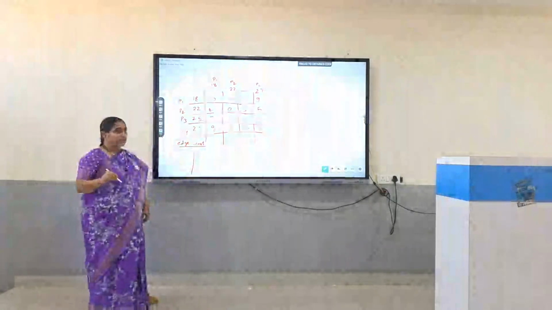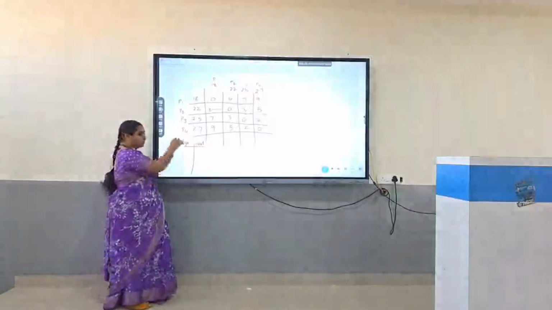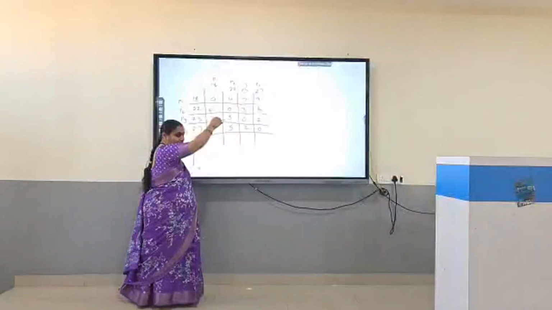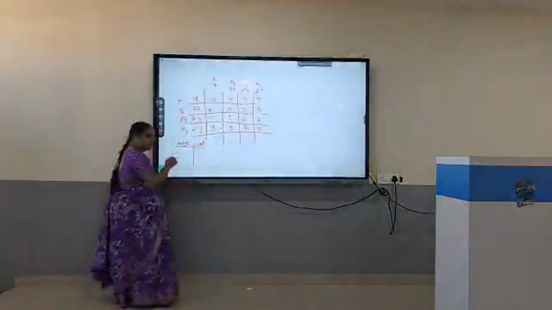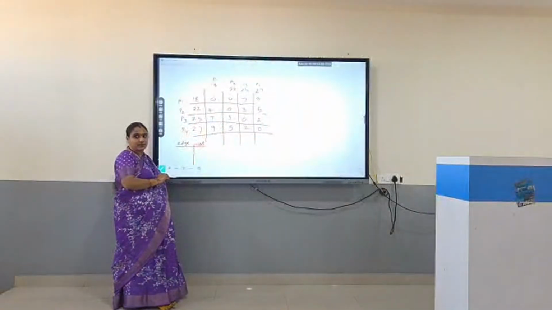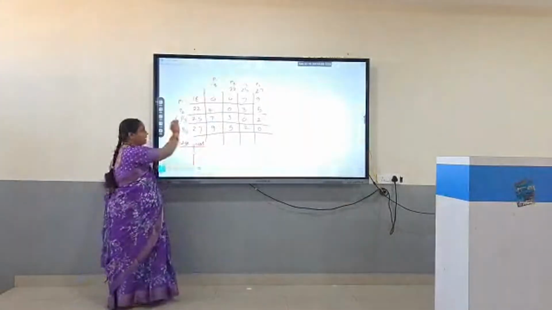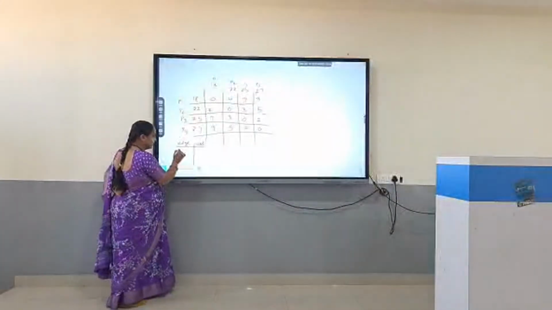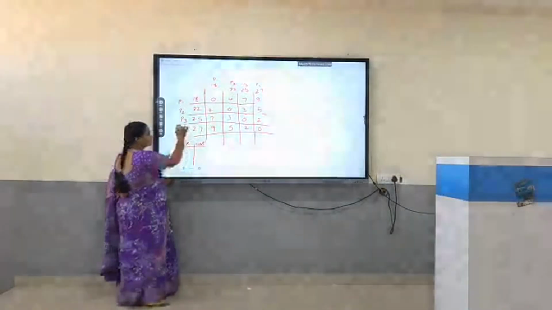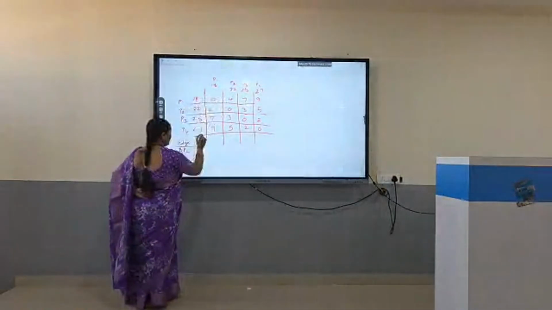For the minimum spanning tree, first you need to design the adjacency matrix. After that, you go with the edge and cost for all the data points we have. What are the data points here? P1, P2, P3, P4. For P1, P2, what is the cost? 4.